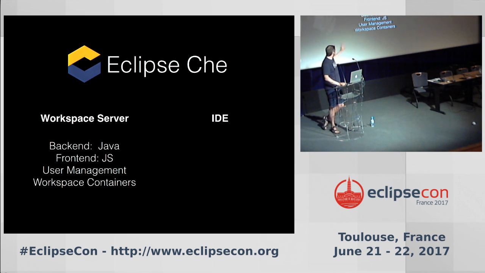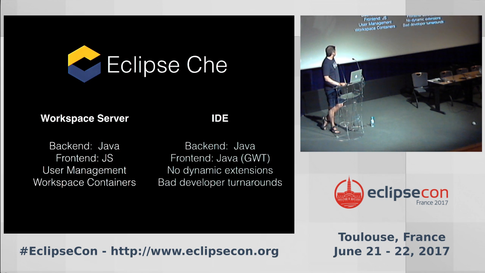This workspace server is implemented with a Java backend, and there's a JavaScript frontend you can use. The IDE of Che is fully written in Java, so the front end is also GWT, which is a bit problematic for us because the impedance mismatch between the code you write and what you see in the browser, later when you do debugging, is really too high.